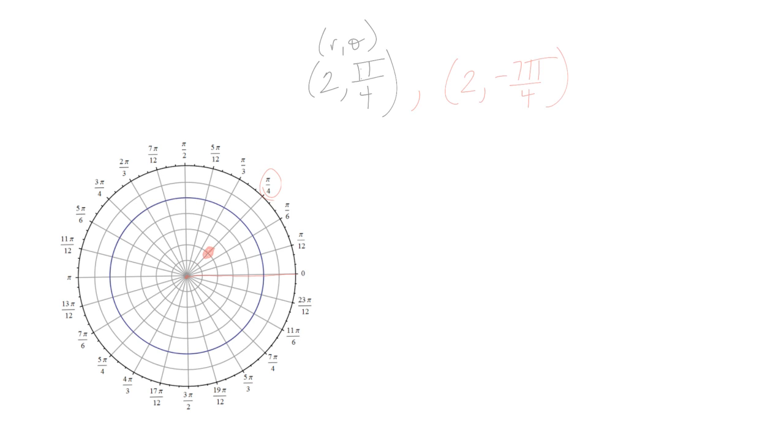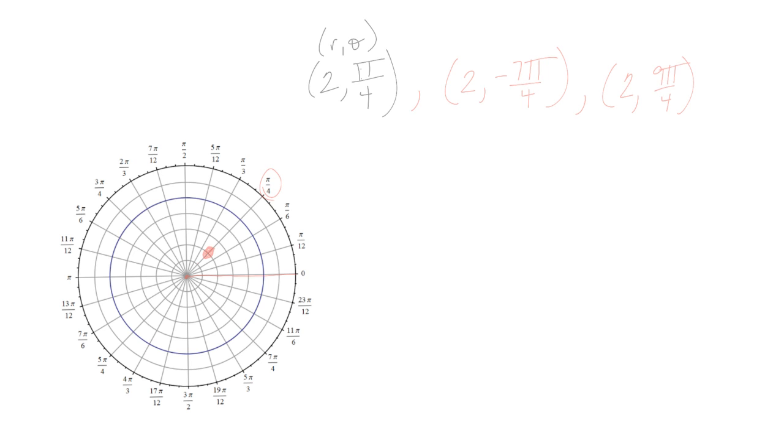That's the same exact point. That's going to land you in that same spot. We can also do something coterminal in the positive direction. No one said you have to only go around the circle once. So you could also say that this is the same as the point 2 comma 9 pi over 4, because that will land you in the same spot.